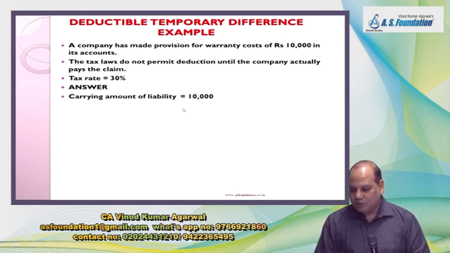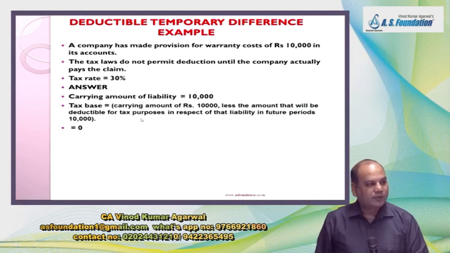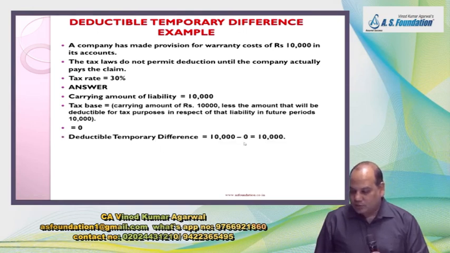Then you have to first see what is the carrying amount of the liability, 10,000. What is its tax base? Tax base is 0. Why? Because it is carrying amount minus the amount that will be deductible for tax purposes in future. So whenever you pay, 10,000 will be allowed. 10,000 minus 10,000, write down 0. Therefore DTD 10,000.